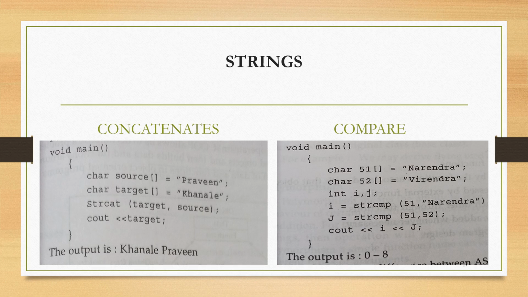If you compare, they will not match because N and V are different, so the difference will be displayed. The first comparison, output I, becomes 0, and if you see output J, it becomes -8. The difference is the number, the difference in ASCII code between these two.